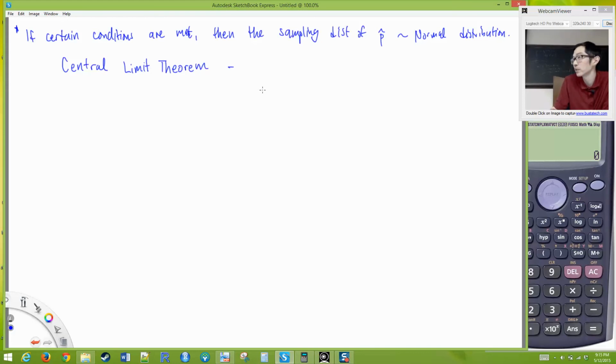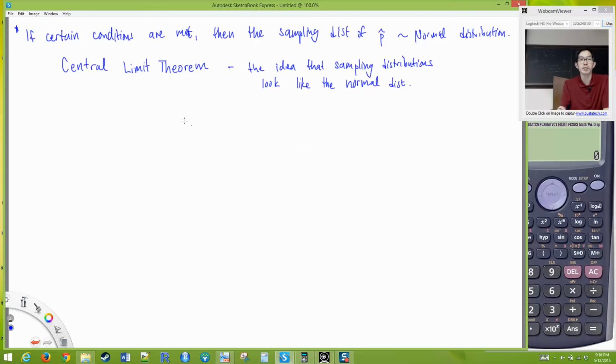So the central limit theorem is the idea that sampling distributions look like the normal distribution. Now there are conditions though.